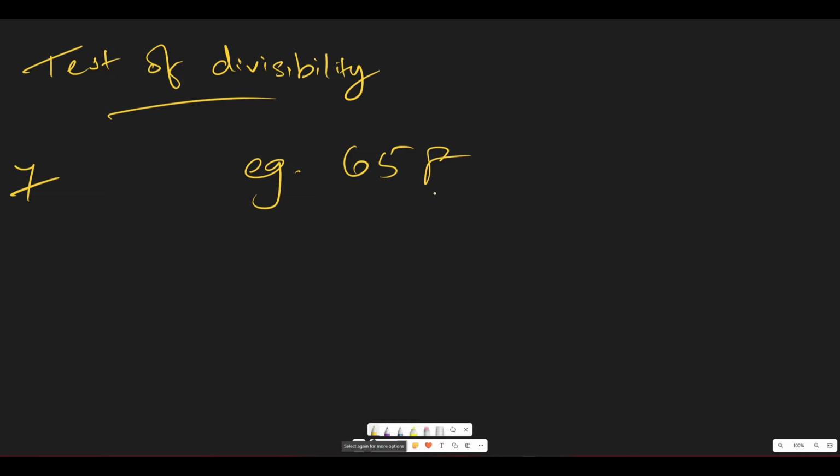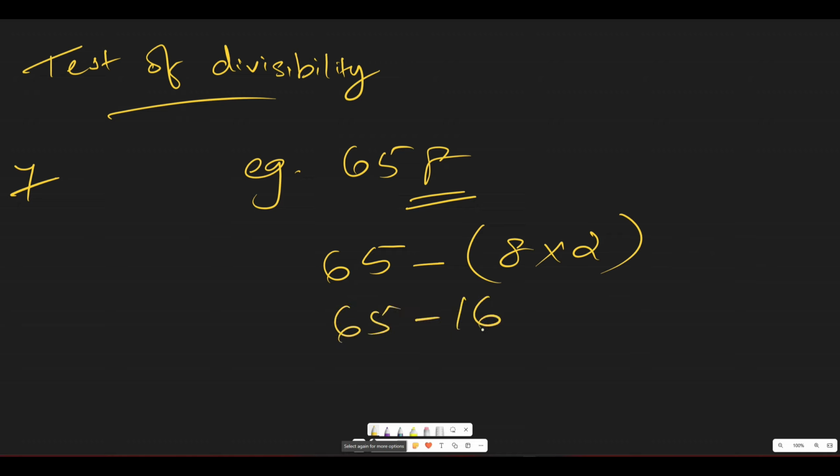That is the last digit, 8. 65 minus 8 times 2, 65 minus 16, and that will be 49. And this 49 is a multiple of 7. So it will be divisible by 7.